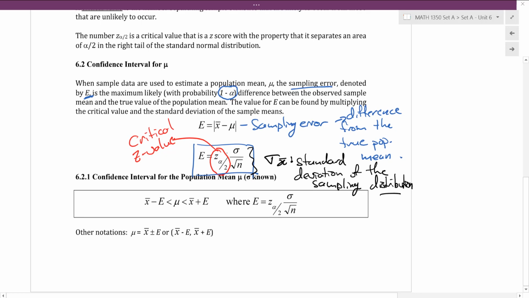So it'll involve sigma, the standard deviation of the total population, and n, the size of the sample.